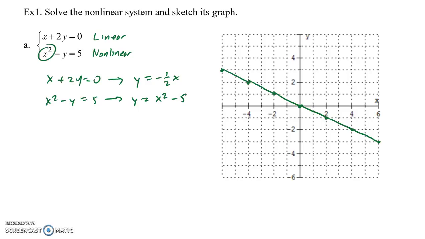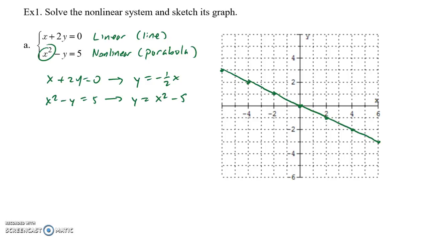Now, as I said, the linear equation is a line. The nonlinear equation, its graph, we should recognize is a parabola, given the fact that when we solve for y, we have a quadratic function. So some of the key points for the parabola would include its vertex.